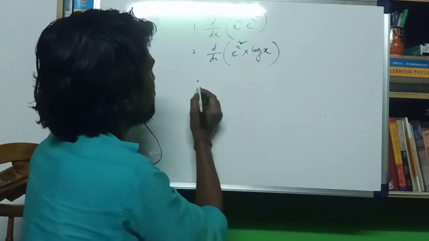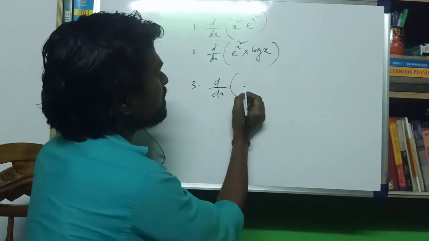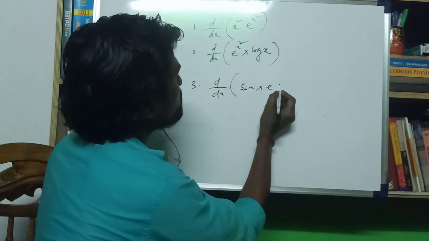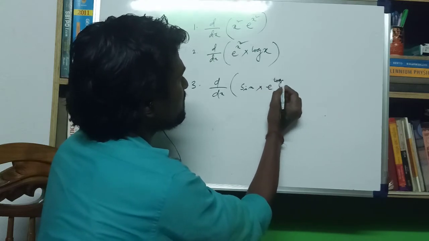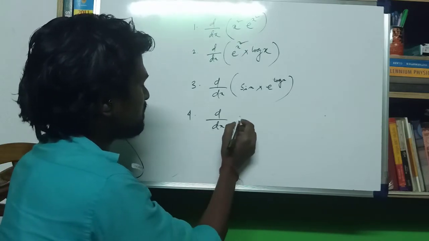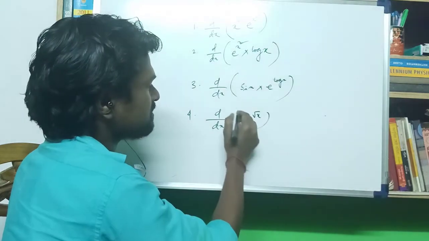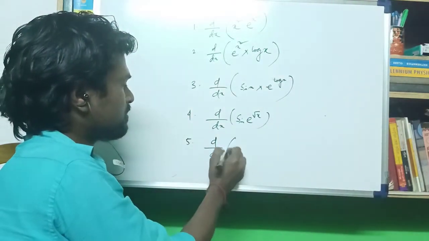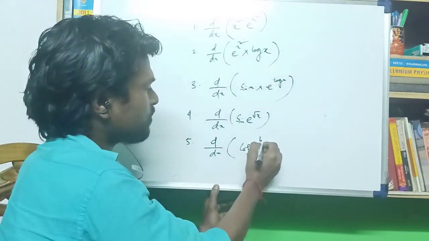Third, d/dx of sin x into the exponential function e to the power of log x. Then d/dx of sin e to the power of root x, and d/dx of cos e to the power of log root x.